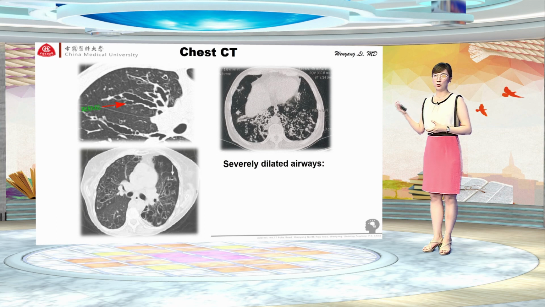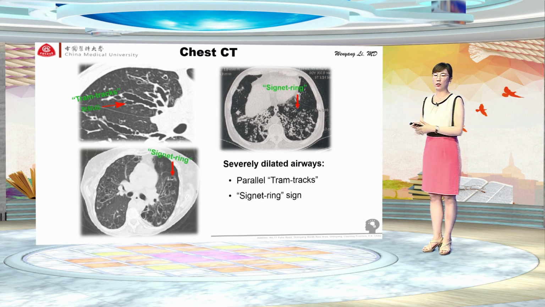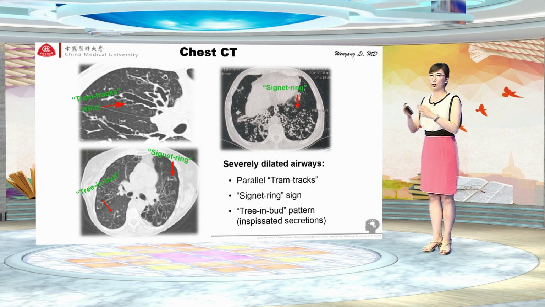The CT findings include the tram tracts, which are parallel, as well as the signet ring sign. As well, we can see the tree-in-bud pattern. This pattern is because of the bronchial wall thickening in the dilated airways with inspissated secretions.